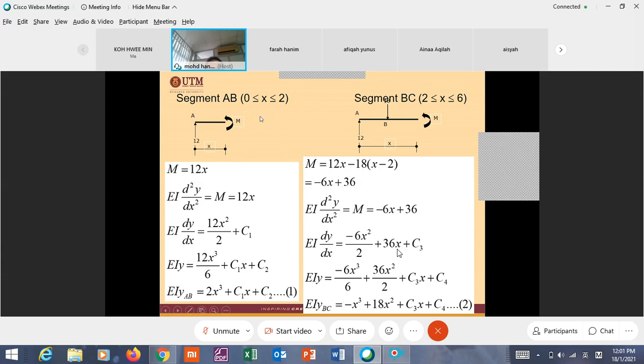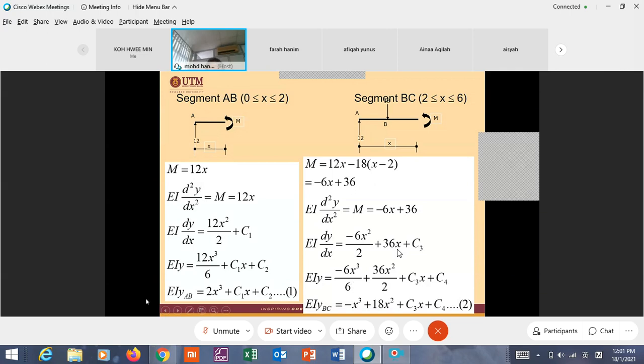Treat these equations separately, as I show you here. This one is for segment AB, this one for segment BC. For segment AB, moment equation, slope equation, and deflection equation. For segment BC, moment equation, slope equation, deflection equation.